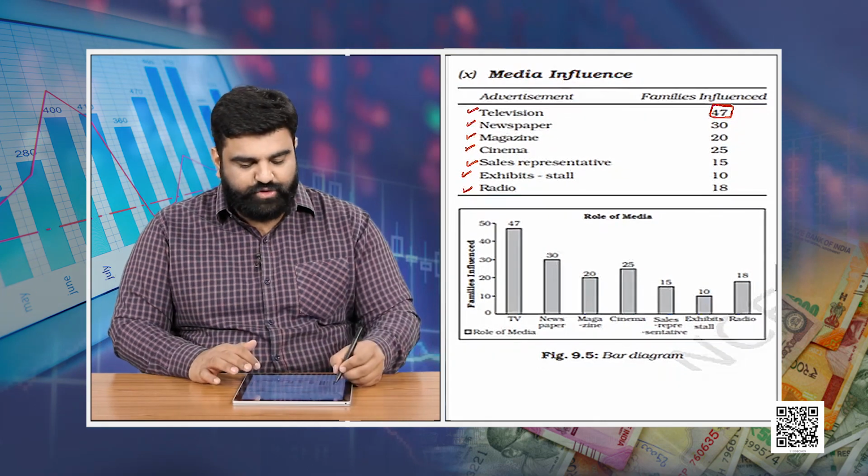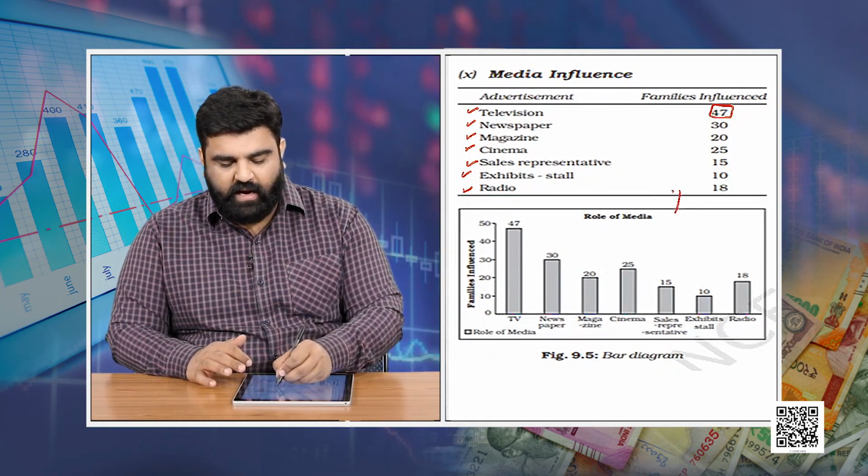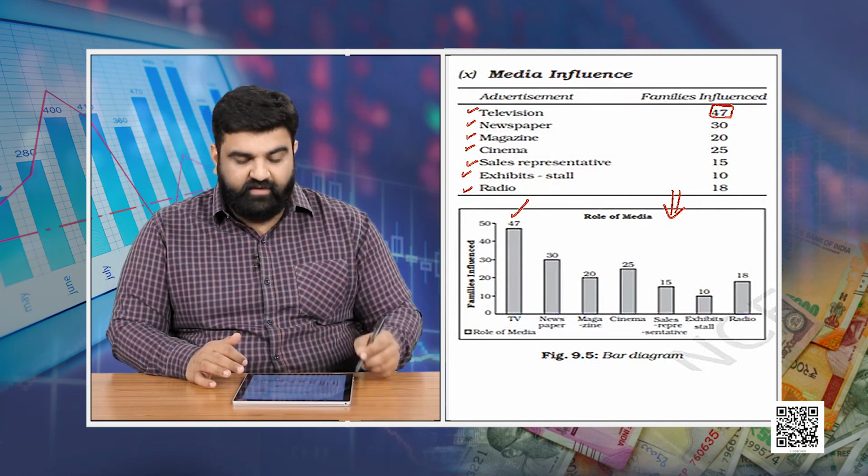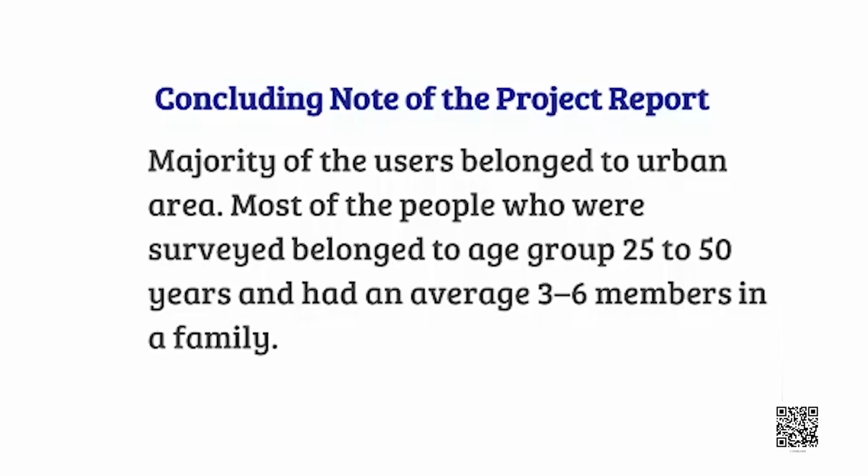So, we have shown this data in the form of a bar diagram. We find that the bar diagram for television advertisement is the tallest. So, we can observe that majority of the people came to know about the product either through television or through newspaper.